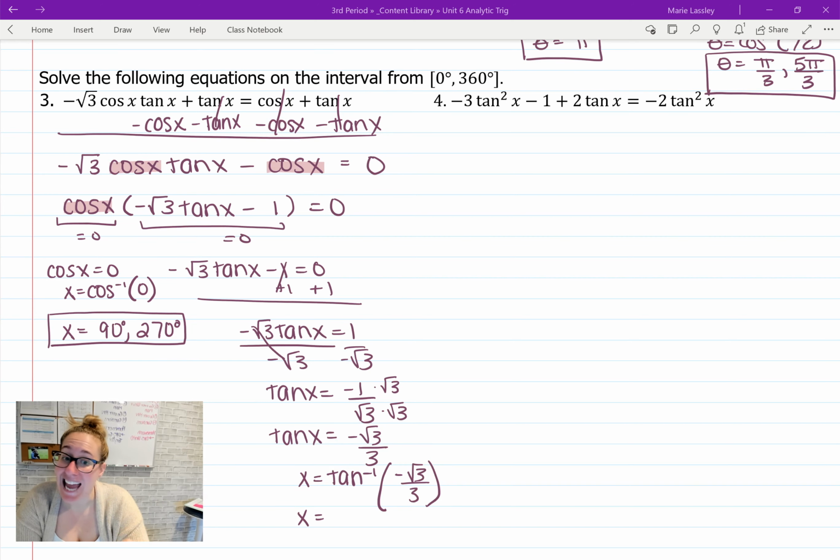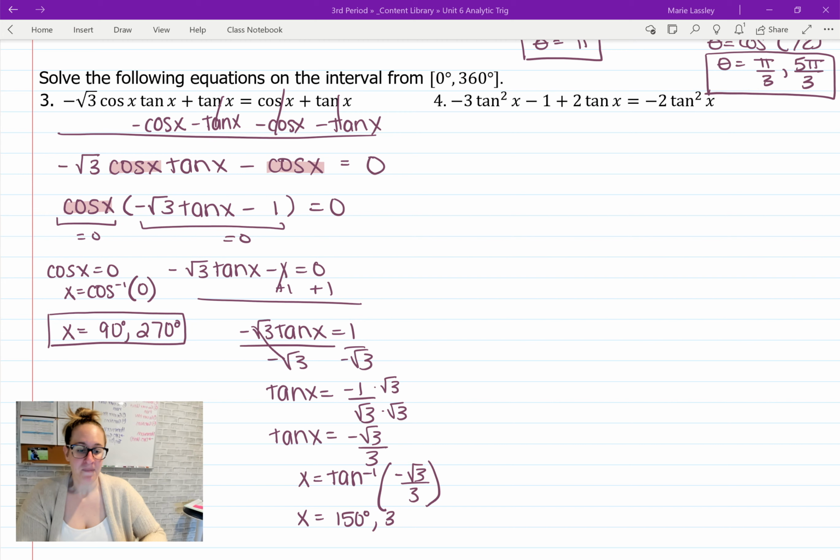But this is negative, and tangent is only negative in quadrants 2 and 4. So we're going to have our second quadrant and fourth quadrant 30-degree angles, which is going to be 150 and 330. And so those are our answers for that problem.